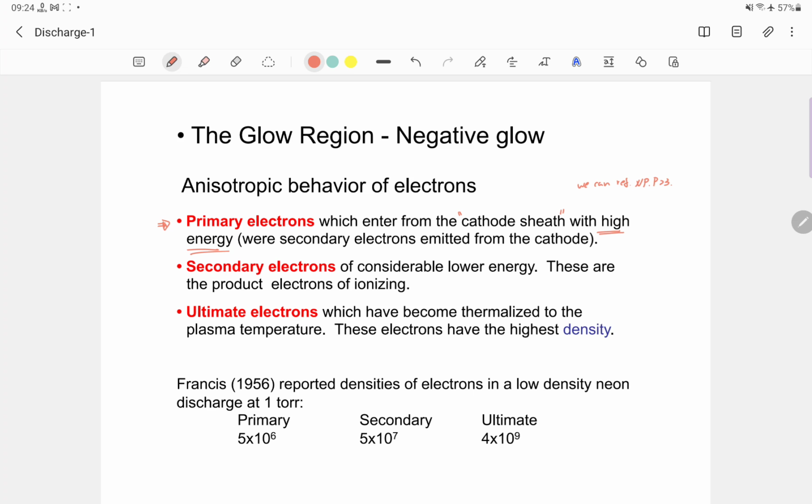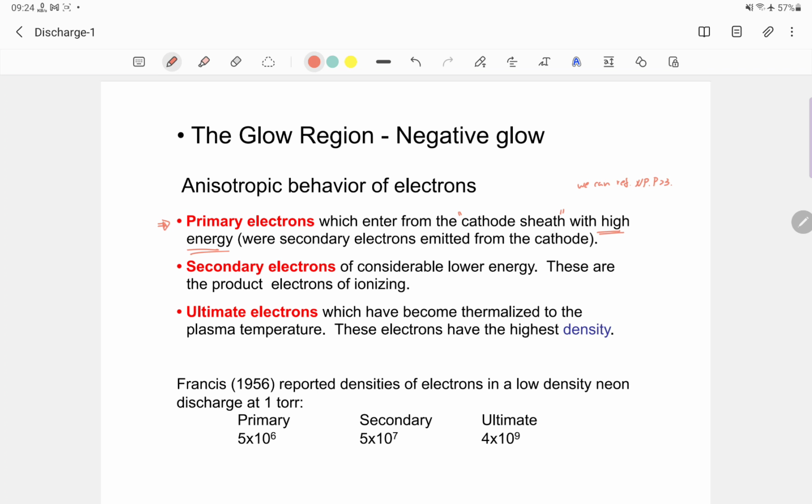So electron impact ionization will also generate secondary electrons, but these secondary electrons come from the neutral gas atoms. Okay. So in the negative glow region, there are primary electrons and then low energy secondary electrons. They are knocked out from gas atoms.